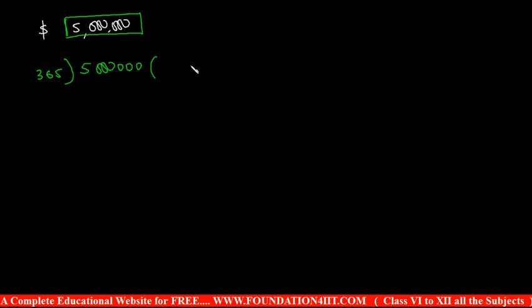So we can guess this in this way. 365 is a 3-digit number. First we take only this 5,000. We can guess 5,000 divided by 365. How many times approximately?